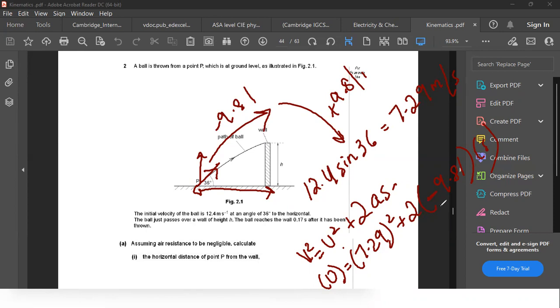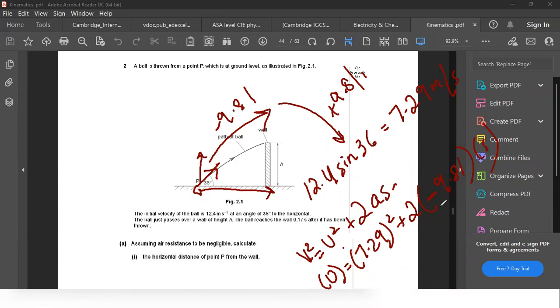Okay, right. Maybe I'll try it. Should I try it again? Yeah, go on. Just try and let me know what answer you're getting. Right. Okay. I think I did it like this, v squared minus u squared upon 2a equals s, but I don't know if that's correct.